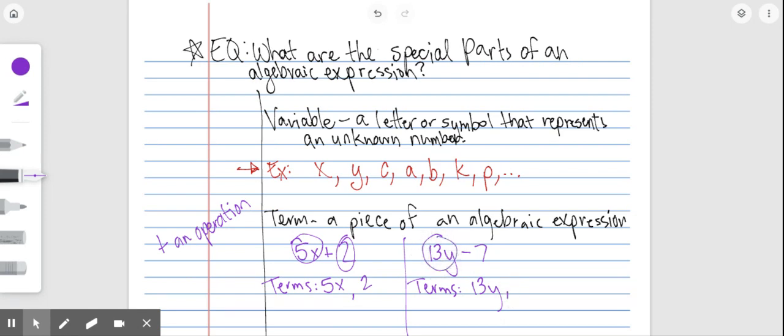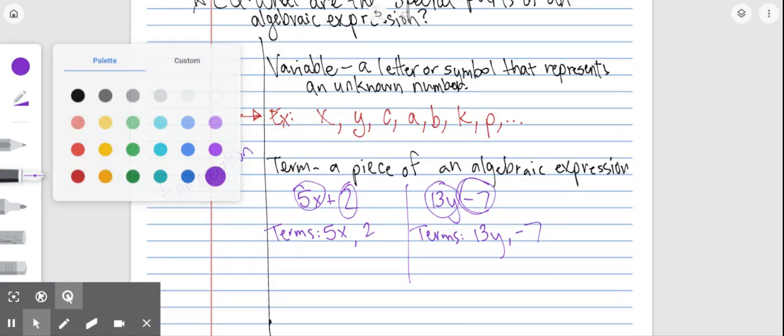And then because this one has a minus in front of it, I have to keep that minus there because it's a negative 7 for the second term. Okay, and that's like an operation basically. It's subtracting 7. So we've got to keep the minus when it comes to negatives. You don't have to keep the addition sign because 2 is assumed to be positive, so we don't need to write that it's positive. So let's do some try-its.